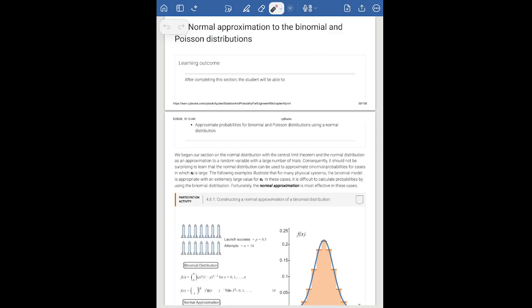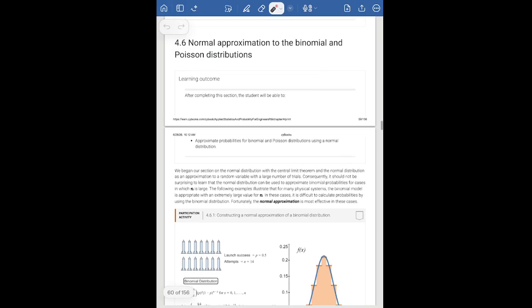So we're looking at how we can use the normal distribution to make an approximation for the binomial distribution or for the Poisson distribution. So we're dealing with random variables that have standard deviations, variances, or means, things like that.